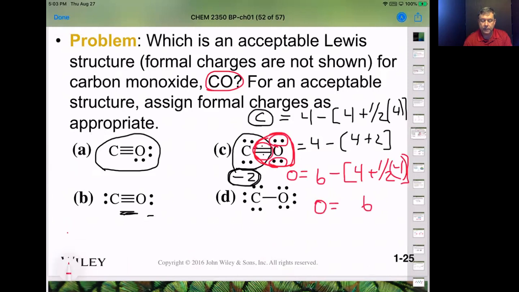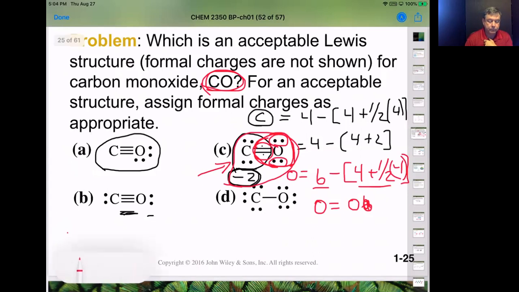So oxygen has a net charge of 0, because 6 minus 6 gives us 0. So this Lewis dot structure has a net charge of -2. Is it a valid Lewis dot structure for carbon monoxide? No, it's not, because this is a neutral molecule. This has a formal charge of -2, therefore it can't be valid.